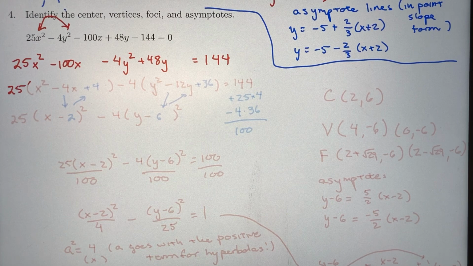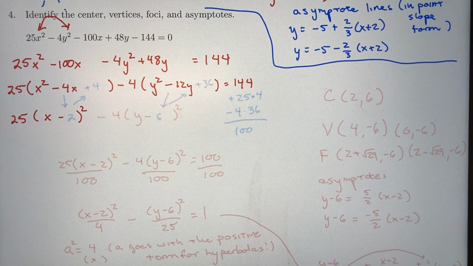Factor out the leading terms so we can complete the square easily. I have gimmicked these so that the numbers are nice. I'm factoring a negative out of this, so this becomes minus 12y. Negative 4 times negative 12 to give me positive 48.